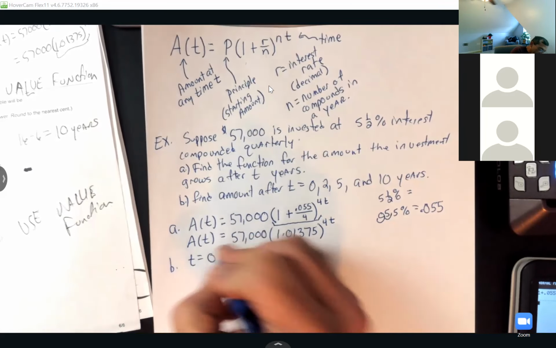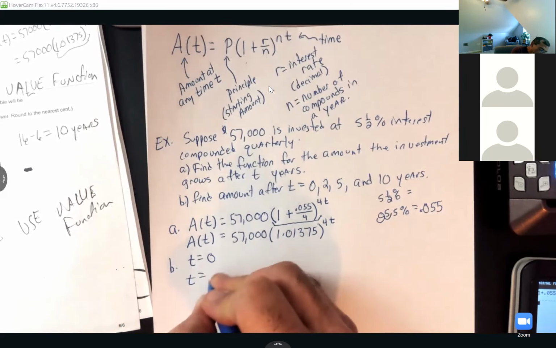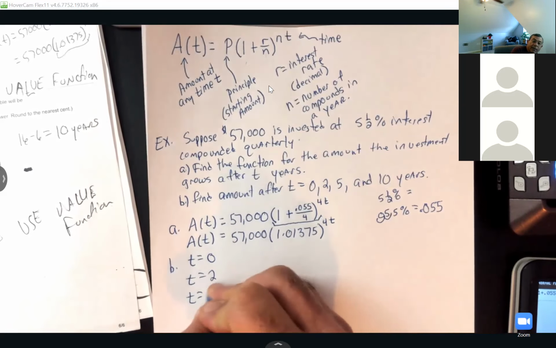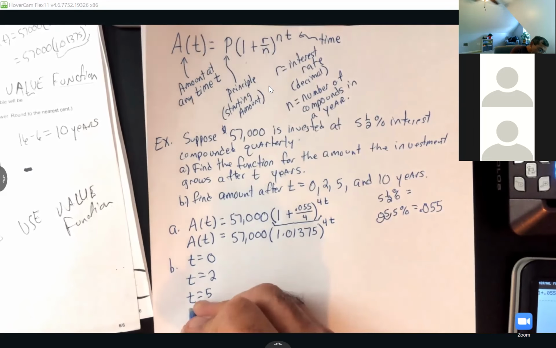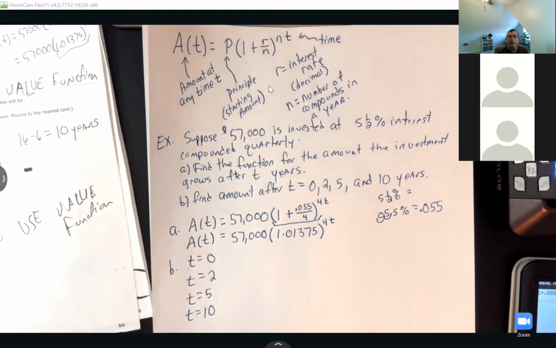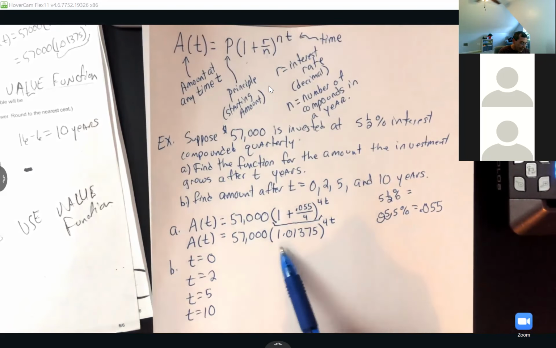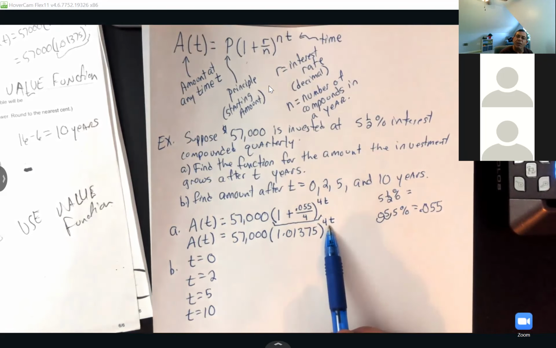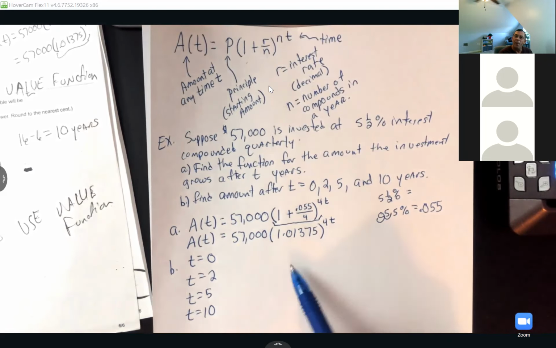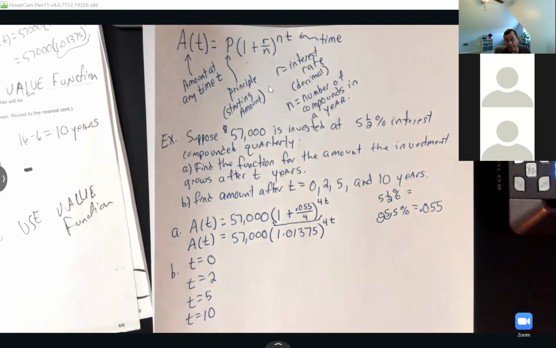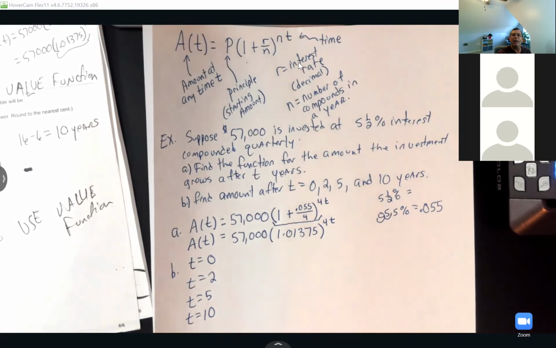When t equals 0, t equals 2, t equals 5, and t equals 10. So here's a question. Do you feel like punching all these numbers into this just to get my answers? Because y'all want me to show you the easy way, right? So let me pull up my calculator.